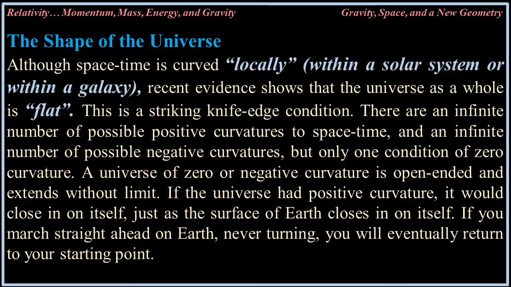A universe of zero or negative curvature is open-ended and extends without limits. If the universe had positive curvature, it would close in on itself, just as the surface of Earth closes in on itself. If you march straight ahead on Earth, never turning, you eventually return to the starting point.